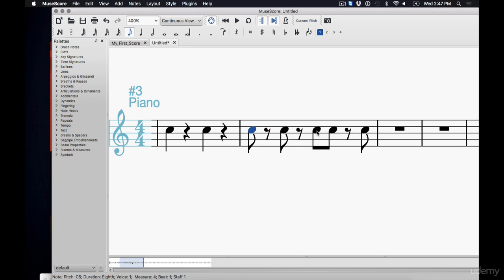So I'm going to count starting right here. This would be 3 and, right? Because there's no beat 4. So with tempo, 1, 2, 3 and, 1, 2, 3 and, 1, 2, 3 and, 1, 2, 3 and.